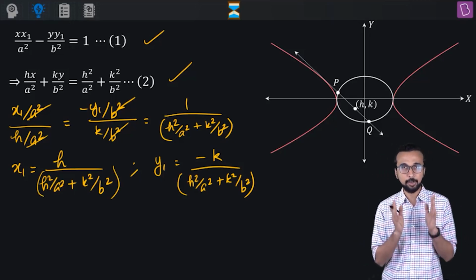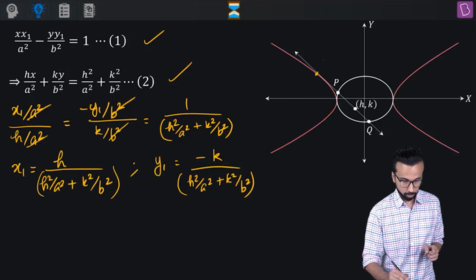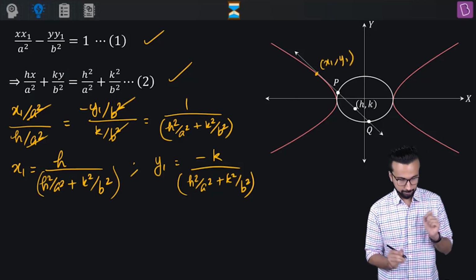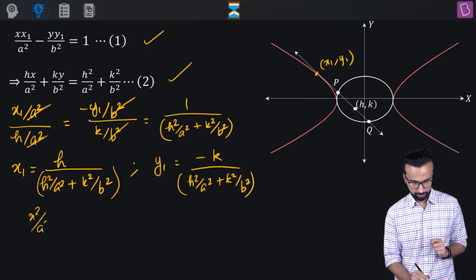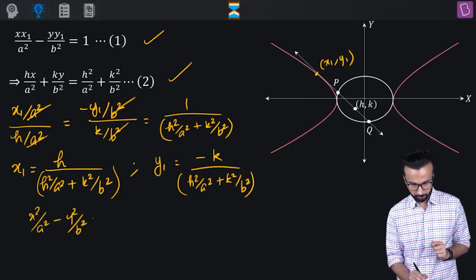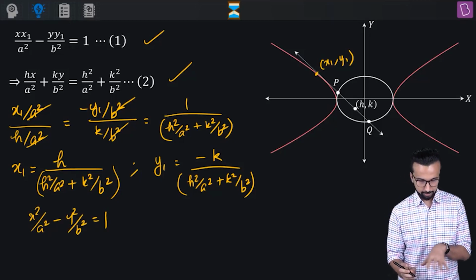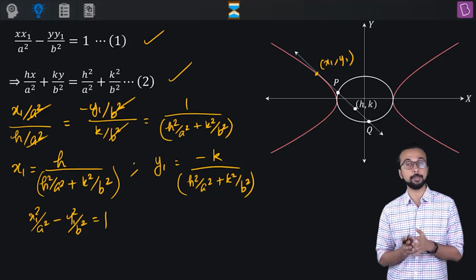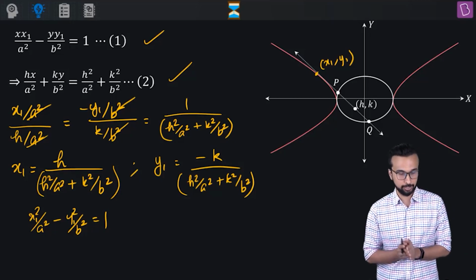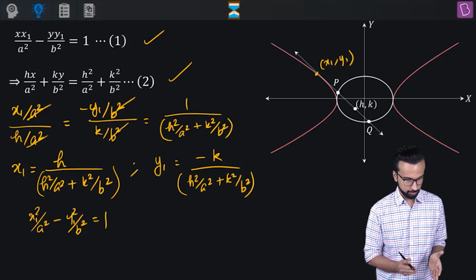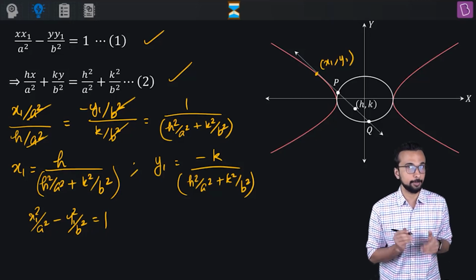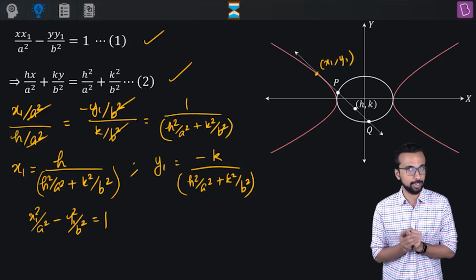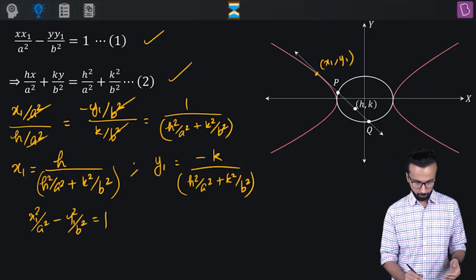Why did I do that? Because I know that the point (x1, y1) will lie on the hyperbola. So the hyperbola is x square by a square minus y square by b square equal to 1, which becomes x1 square by a square minus y1 square by b square equal to 1, because this point lies on this given hyperbola. Now what does this become?